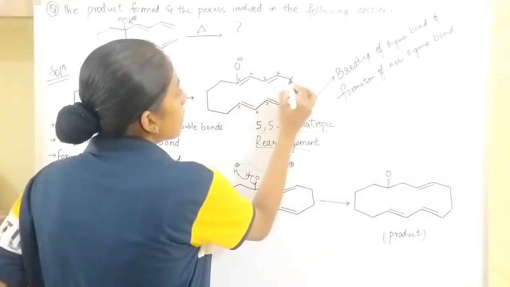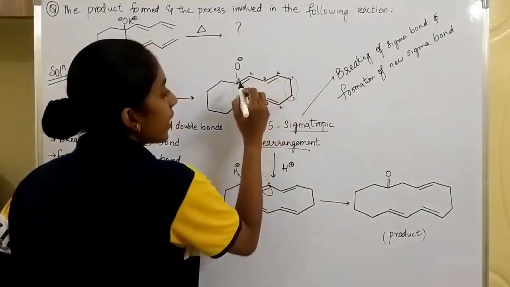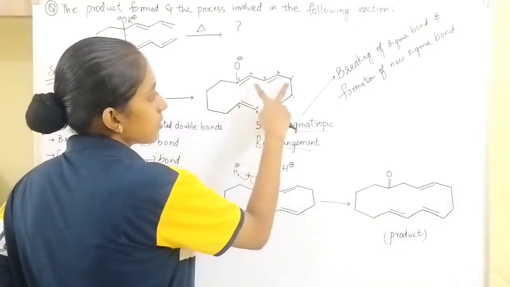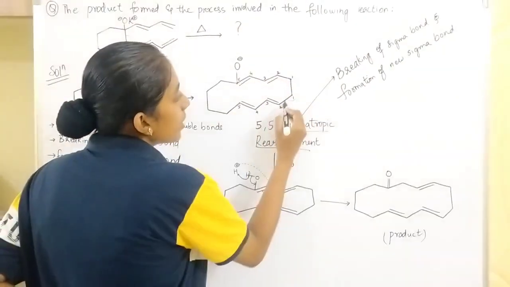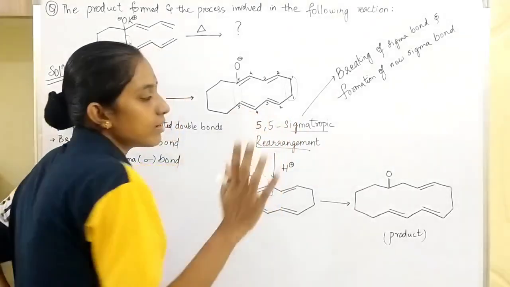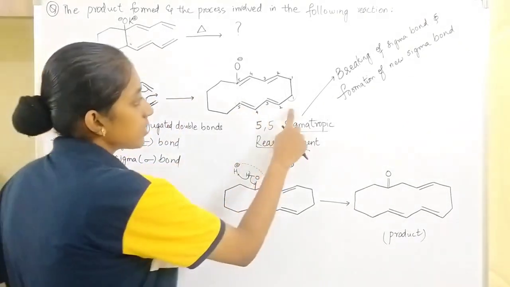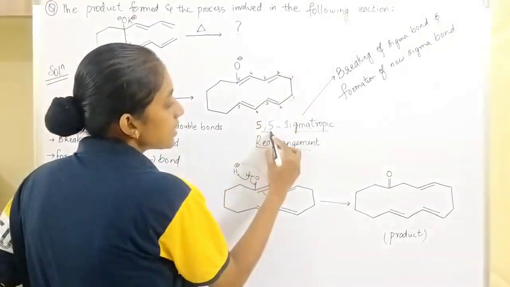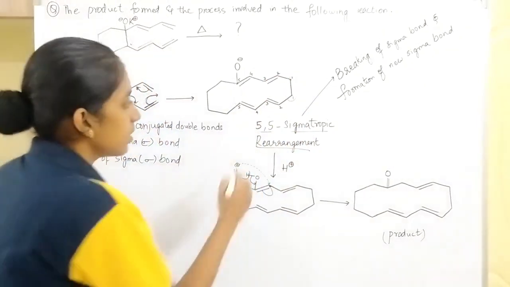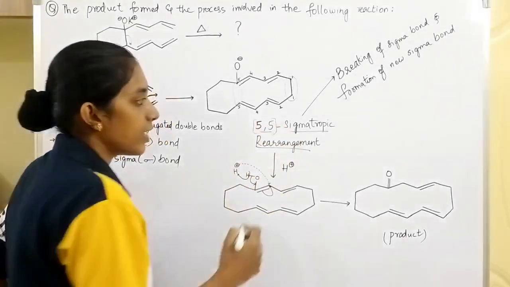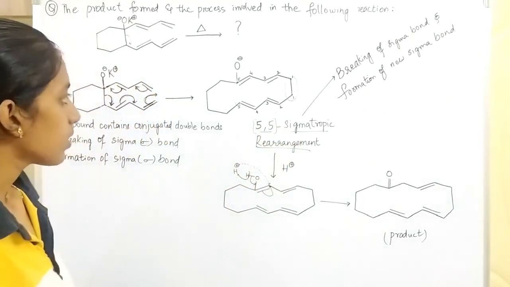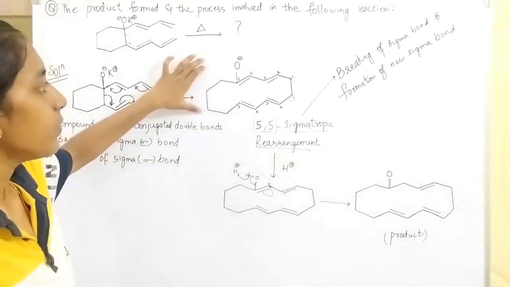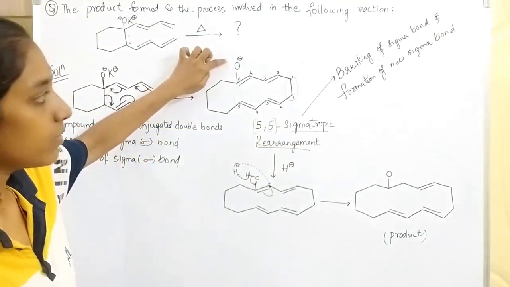So here we have 1, 2, 3, 4, 5 atoms present between these two ends. And here we have 1, 2, 3, 4, 5 atoms present between these two ends. So it is a 5,5 sigmatropic rearrangement. Now, here in this compound we can see that oxygen is negatively charged.